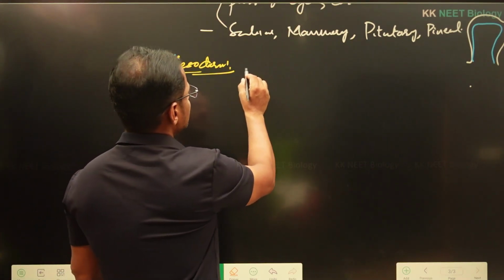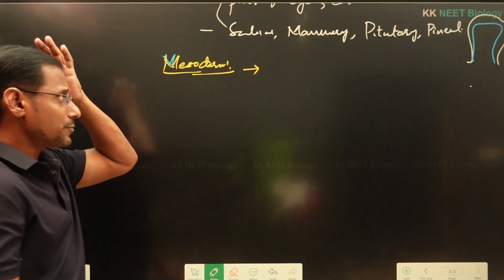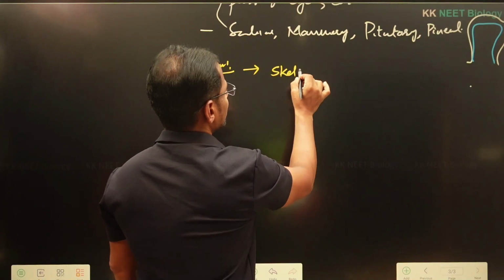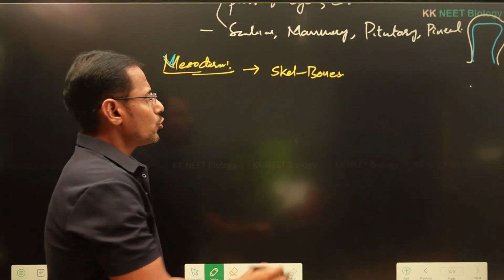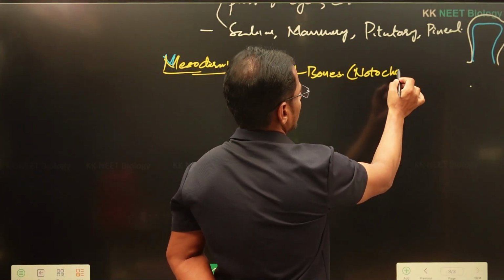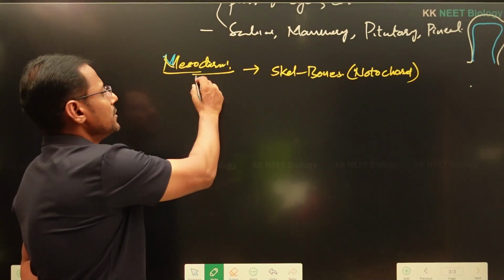From the mesoderm, a variety of organ systems are going to be developed. Especially the skeletal system, that means bones, develops from the mesoderm, right? In the embryonic development stage you can see the notochord; this notochord also develops from the mesoderm itself.